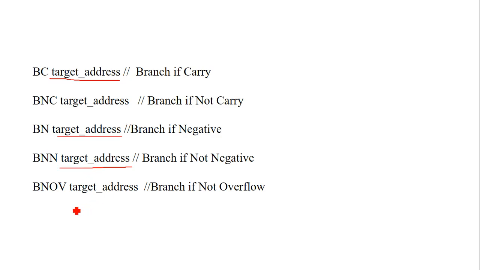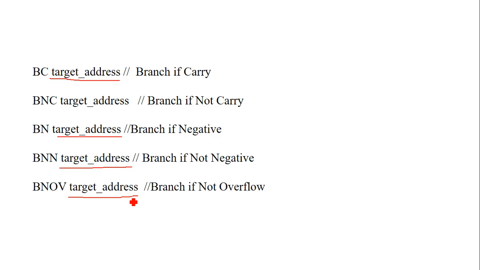Branch if not overflow: when you're counting something from 0 to 10, and the counter gets full and reaches 10, the overflow flag will be raised. We have already seen this in the status register. So if overflow does not happen, then move to the target address. Otherwise, stay on the same instruction.